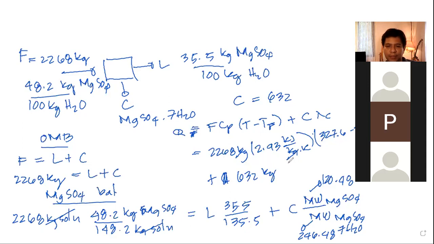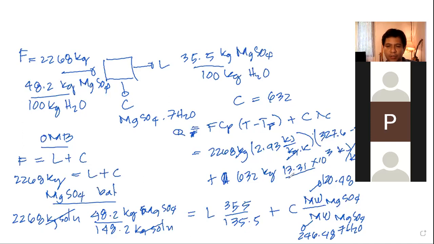Tapos yung lambda C, yung given na 13.31 times 10 to the 3. This is kilojoules per kilomole. So i-divide nyo to nung 246.48 per kilomole of magnesium sulfate heptahydrate.